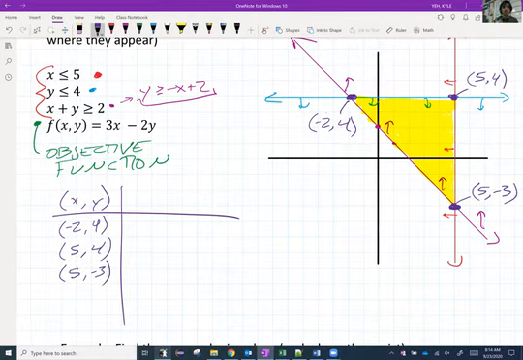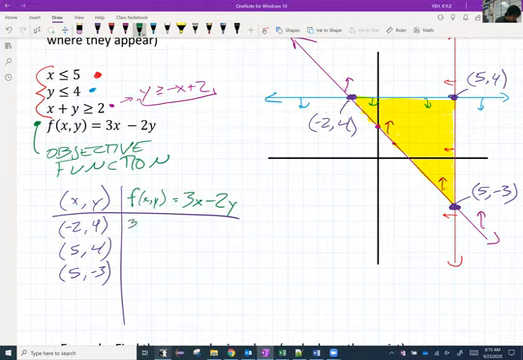So listing out all of the vertices, the corners of my feasible region. Now what about my objective function? That's going to be the right-hand side. So f of x, y, which was equal to 3x minus 2y. And I'm just going to plug in my x and y values.